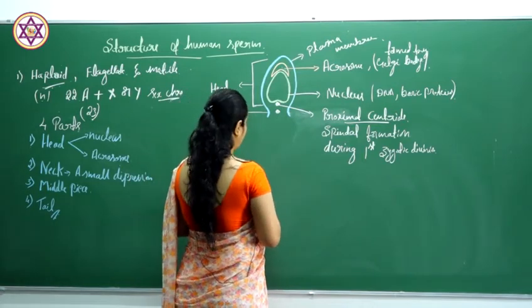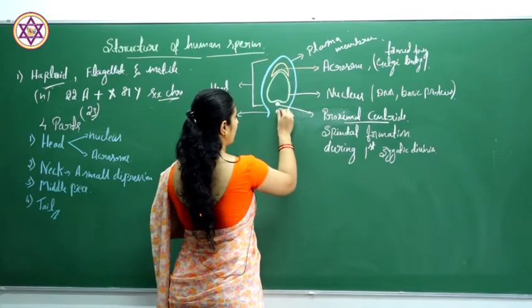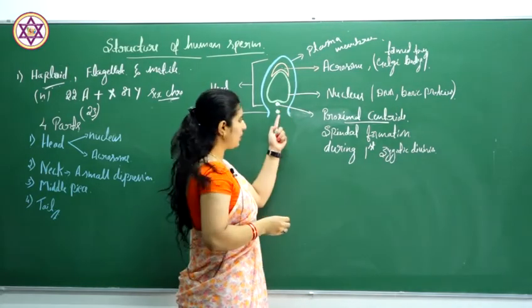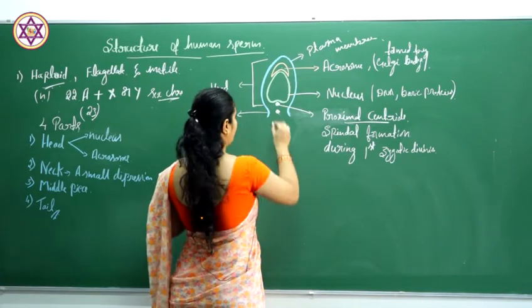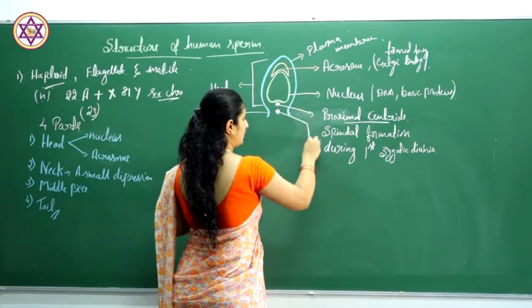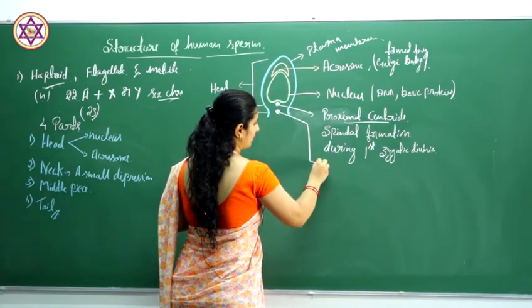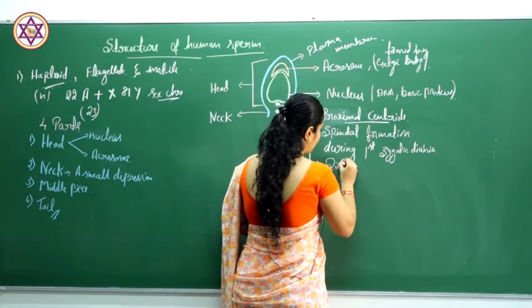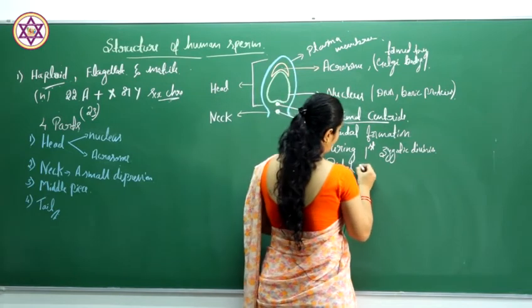The second centriole is present in the neck region, and it is called the distal centriole.